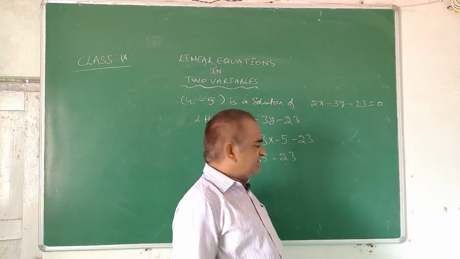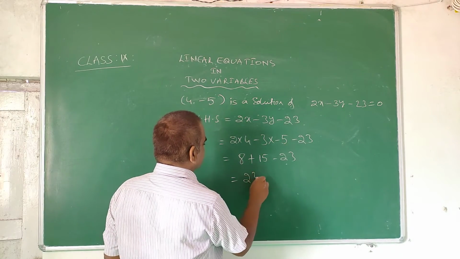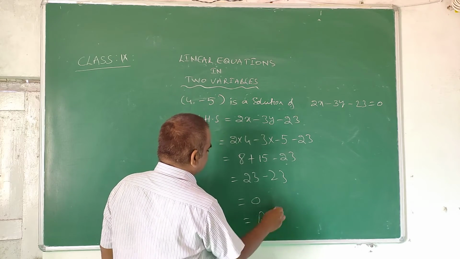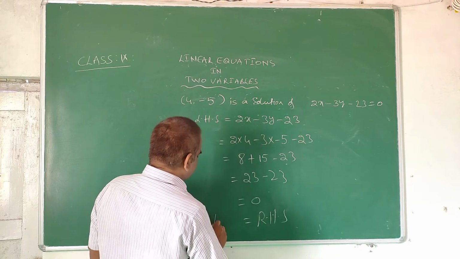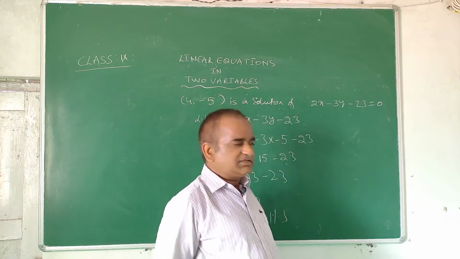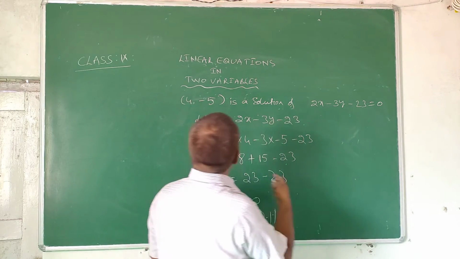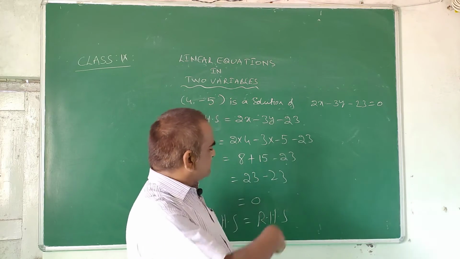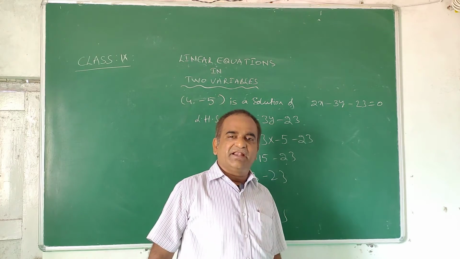So 15 plus 8 is 23, minus 23, which is equal to 0, which is equal to RHS. So you got LHS is equal to RHS, so you can conclude that yes, (4, -5) is a solution of this given linear equation.